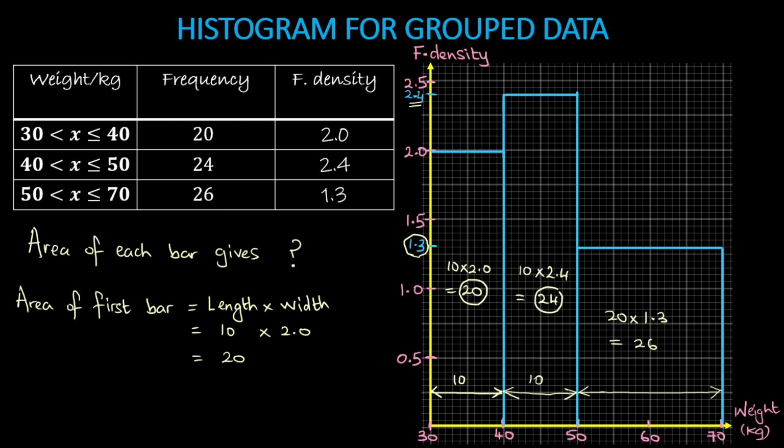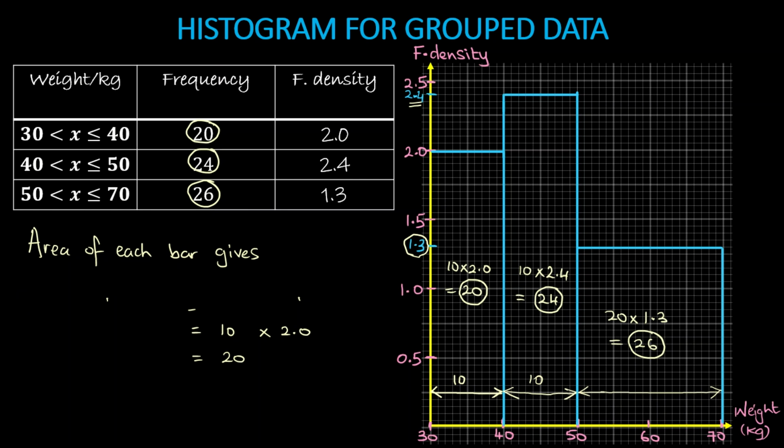Now what are these values? 20, 24, 26. Are they found in the table? Let us see. 20, 24 and 26. Here they are. 20, 24, 26. So the area of each bar gives, in fact, the frequency of the class it represents, right?